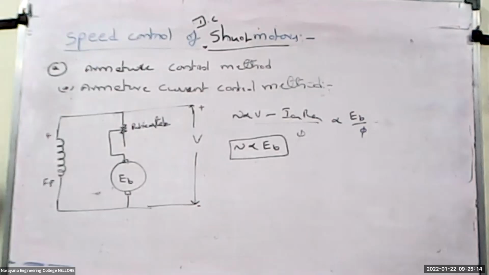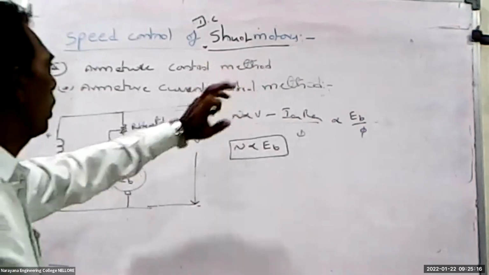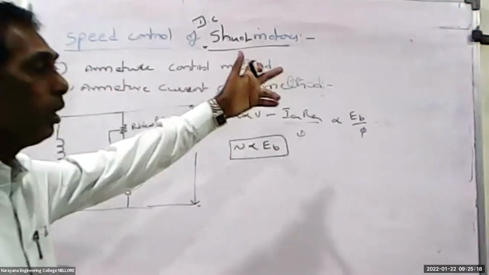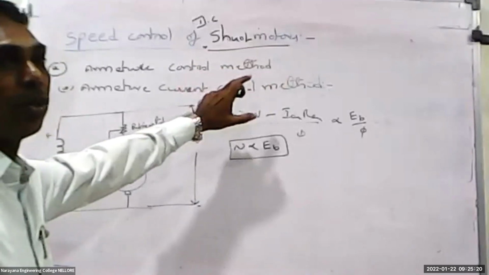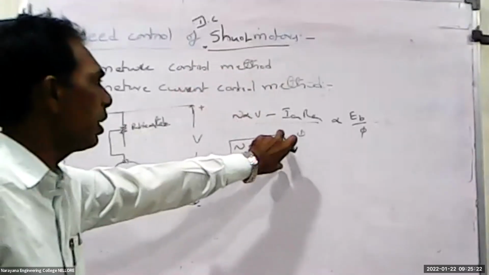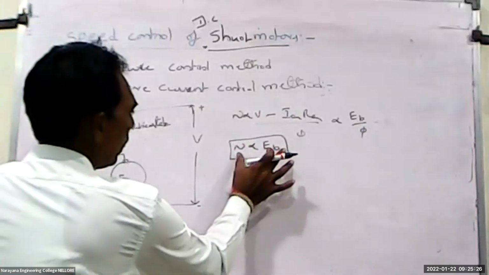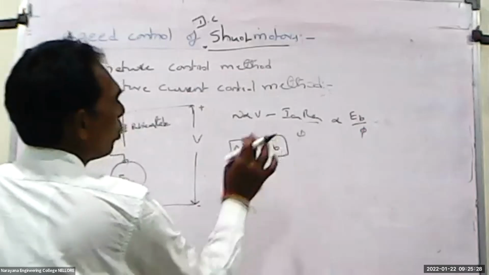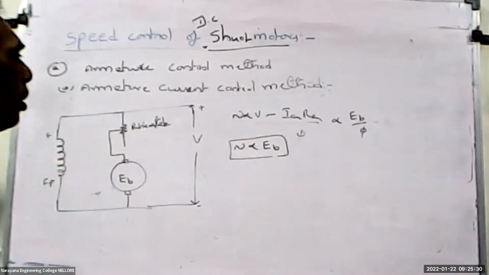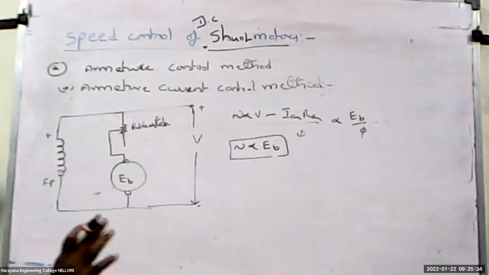It is also called armature current control method, or armature control method, because the speed directly depends upon the armature. So we observe here the speed is directly proportional to Eb. If you are increasing the Ia value, speed is also increasing; if you are decreasing it, speed decreases.